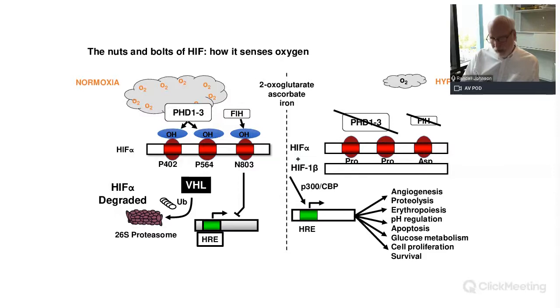modulating that regulation. Its regulation is, of course, elegantly through actual availability of oxygen intracellularly, the oxygen available to specific hydroxylases that covalently modify either prolines or an asparagine in HIF.